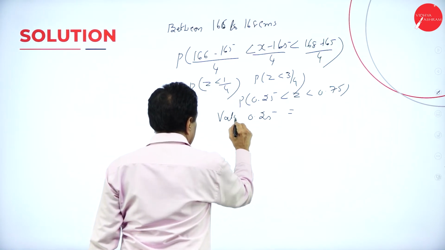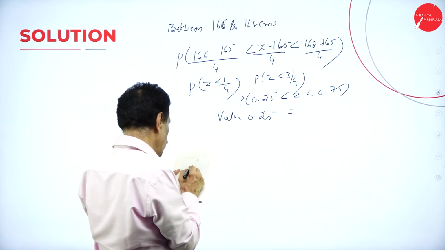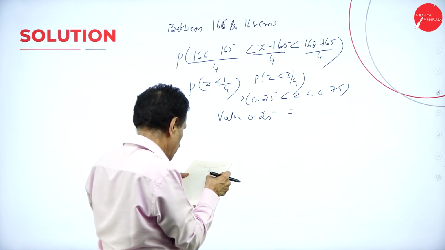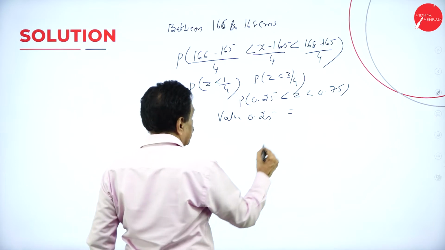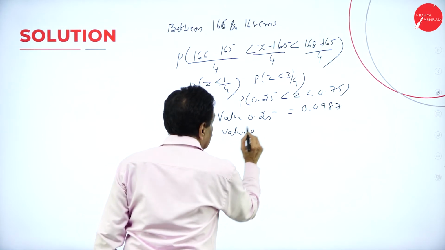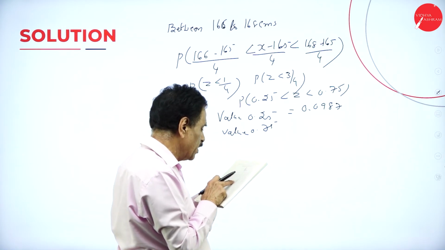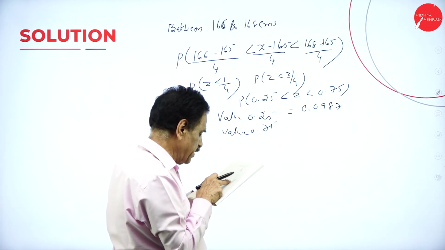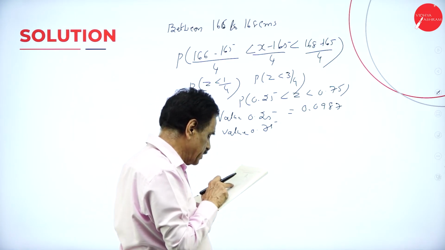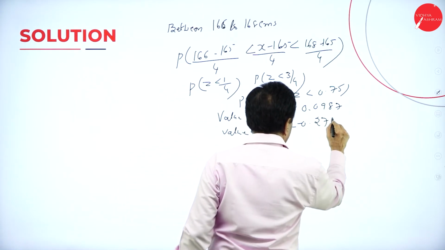The value is 0.0987. For 0.75, the value is 0.2734.